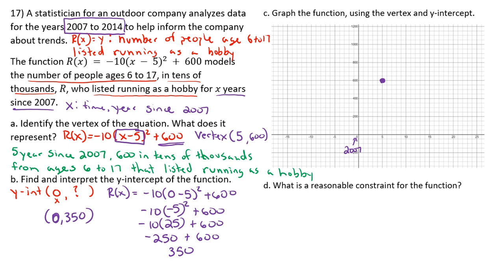So once again, the question is asking us to interpret what that means. Since x is referring to the years since 2007, and our x is 0, we're actually talking about the year 2007.